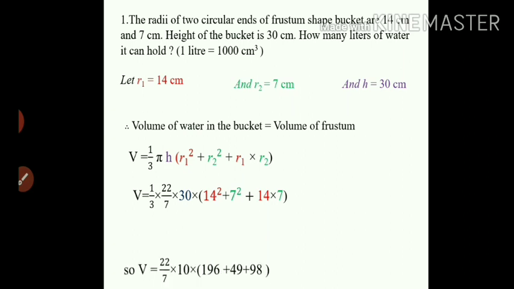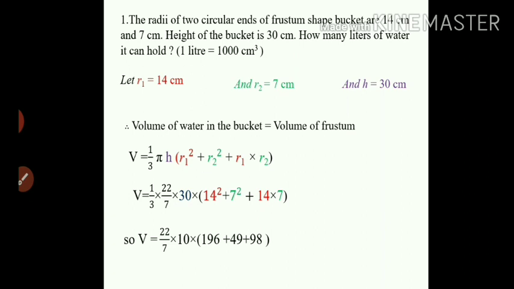So now students, volume equal to 1 upon 3, you can see the previous step, the 3 in the denominator gets cancelled with 30, 3 ones are 3 and 3 tens are 30. So 22 upon 7 remains same, multiply by 10. 14 square is 14 into 14, 196, plus 7 square is 49, plus R1 into R2, that is 14 into 7 is 98.